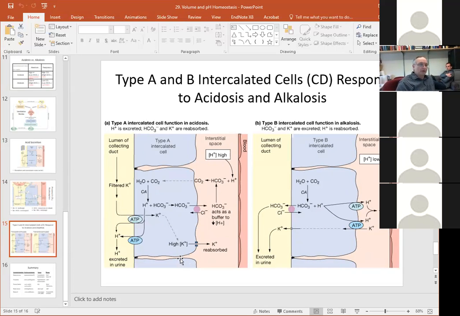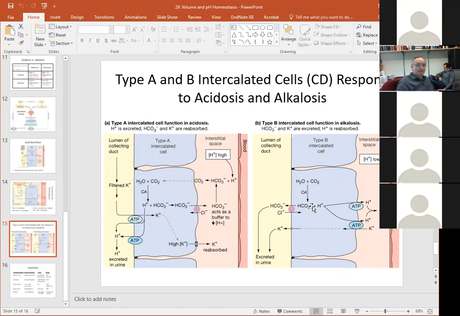Now, they don't work alone. There's also a need for chloride bicarbonate exchangers to relieve the high buildup of bicarbonate in the cytoplasm, letting chloride in to take its place. That's either in the basolateral membrane in the type A cells or in the apical membrane in the type B cells.